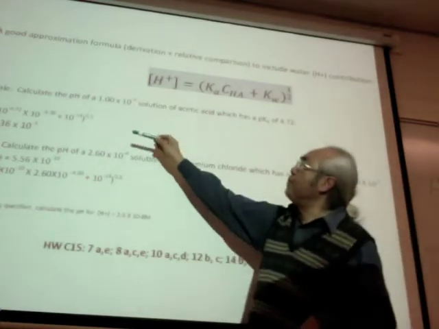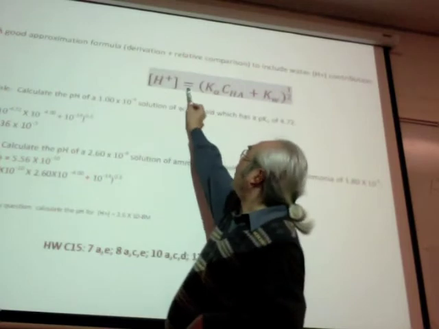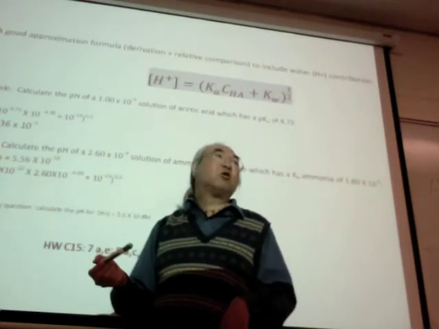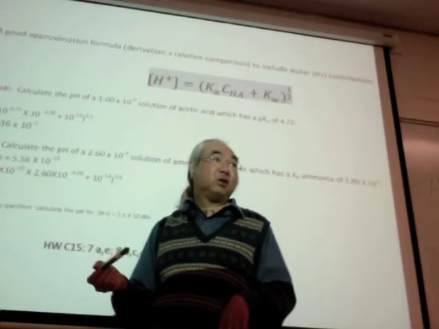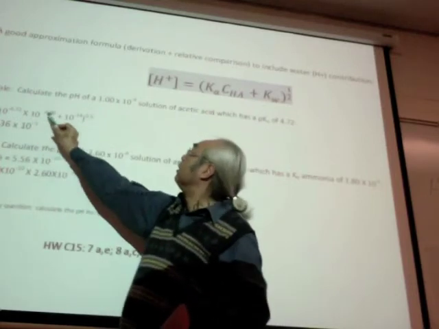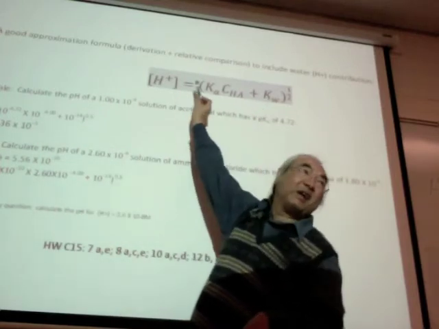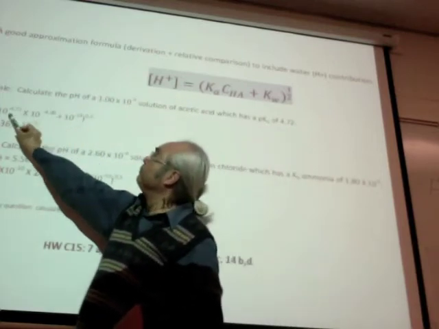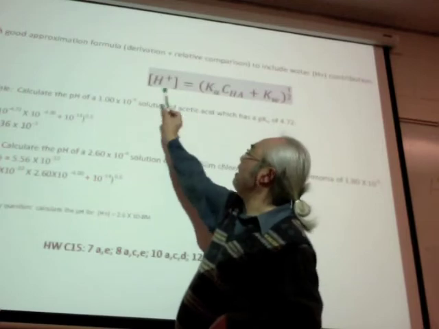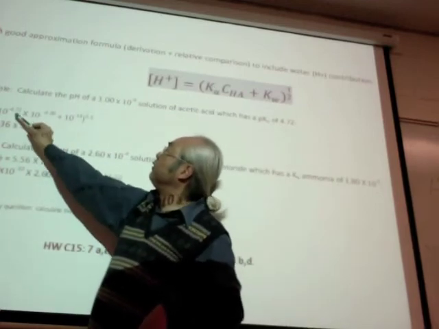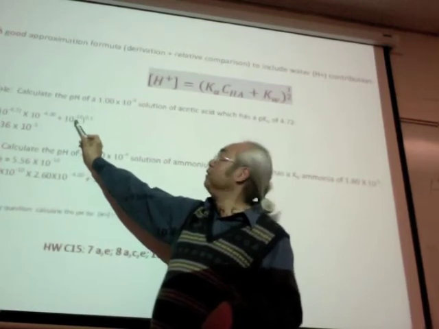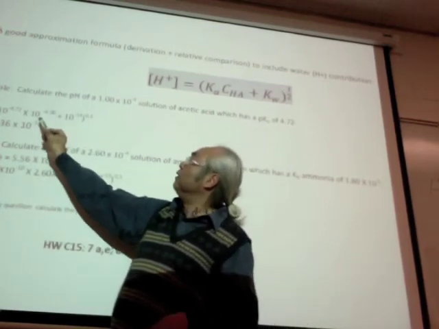Then you employ the approximation formula to see whether water will contribute to your final answer or not. So you plug in Ka and the concentration, multiply each other, then plus Kw, and take the square root.